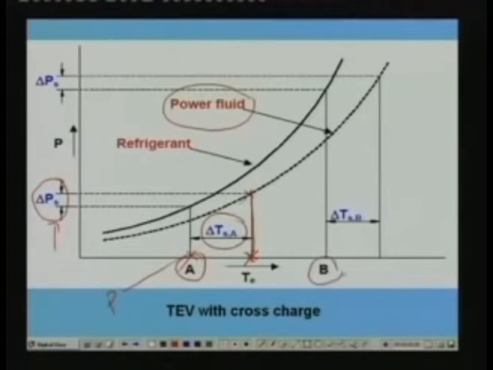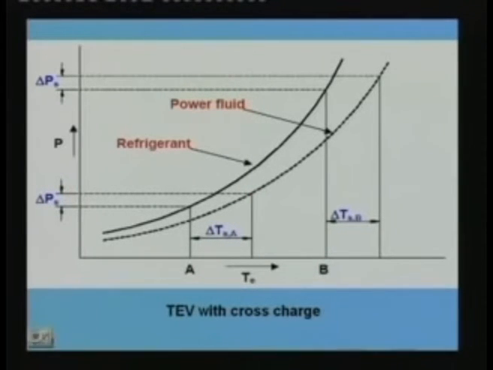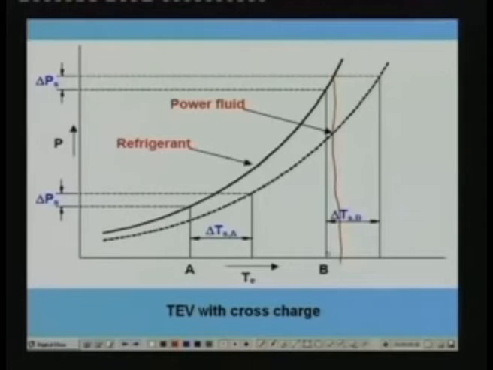At high evaporator temperature also you find that the degree of superheat is much larger than when you used the same fluid as the power fluid. For example, if the same fluid is used as the power fluid, then this would have been the degree of superheat, because for this delta Ps, this would have been the delta Ts with the straight charge, that means with the same fluid as that of the refrigerant.